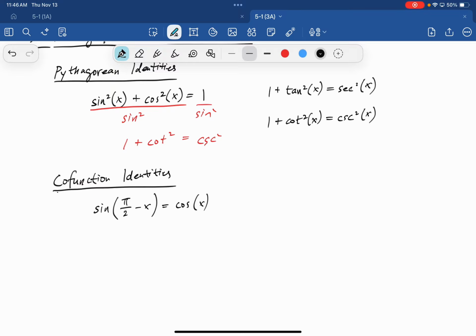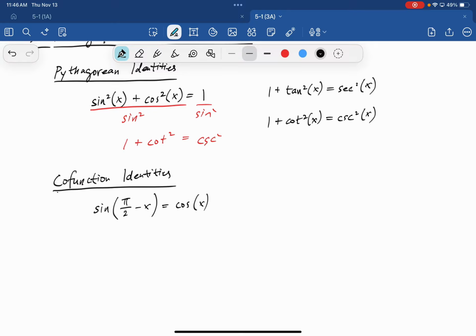In other words, cofunctions of complementary angles are equal to each other. Pi over 2 minus x and x are complementary angles because they add to 90 degrees, pi over 2. You know how to spell complementary? It's not an I, it's an E.